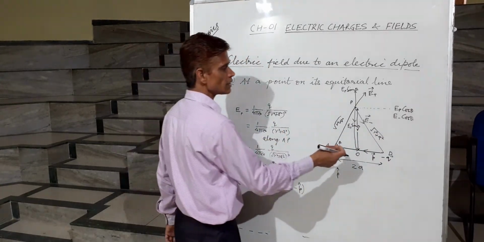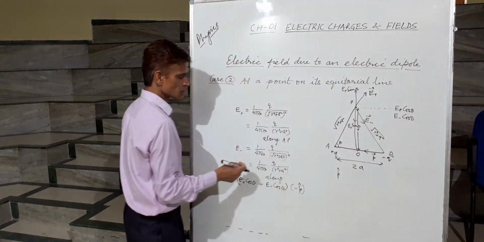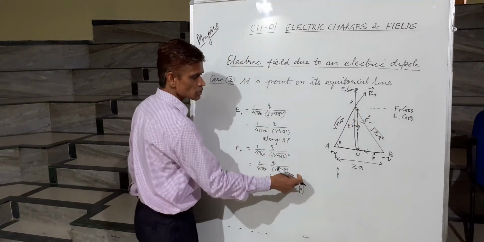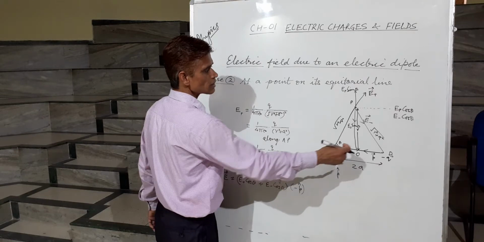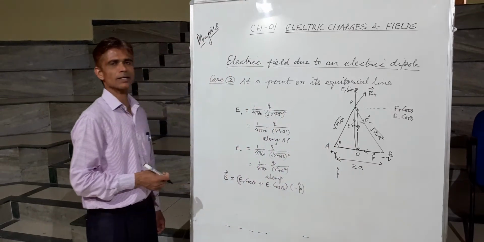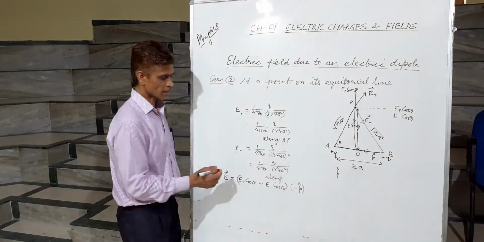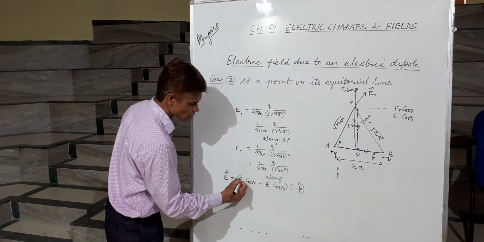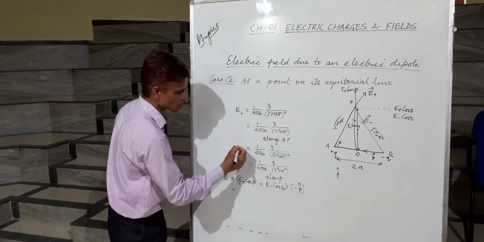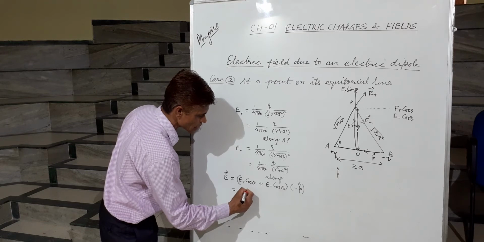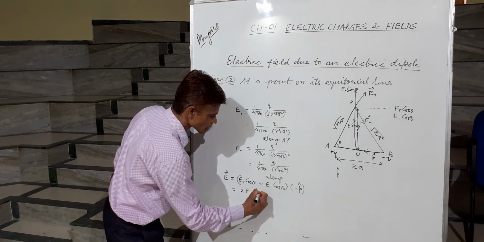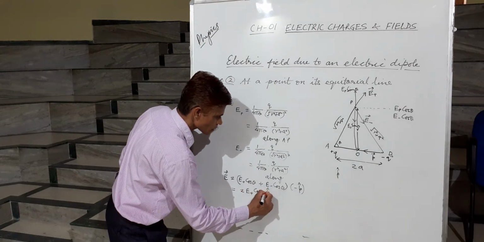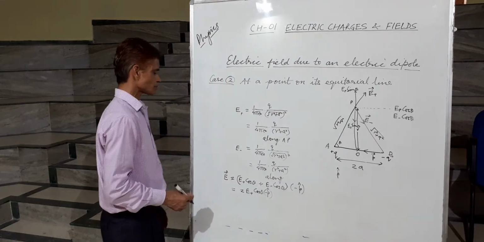So we can take the unit vector attached with this electric field opposite to the unit vector along the electric dipole moment vector. Since the magnitudes of E plus and E minus are both the same, we can write 2E plus cos theta into minus vector p cap.